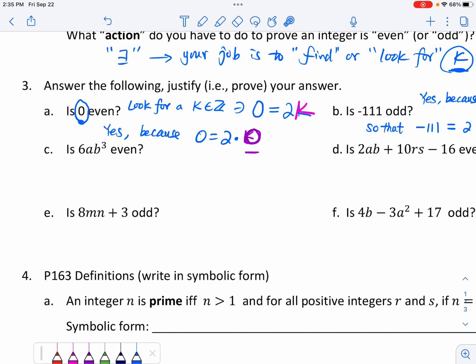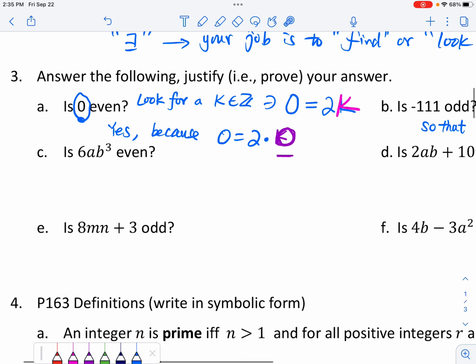Alright, now let's continue. Is this guy, 6 times a b cubed, even? Remember the agreement: all lowercase letters, unless stated otherwise, represent integers. So a and b are integers here. Is this even?